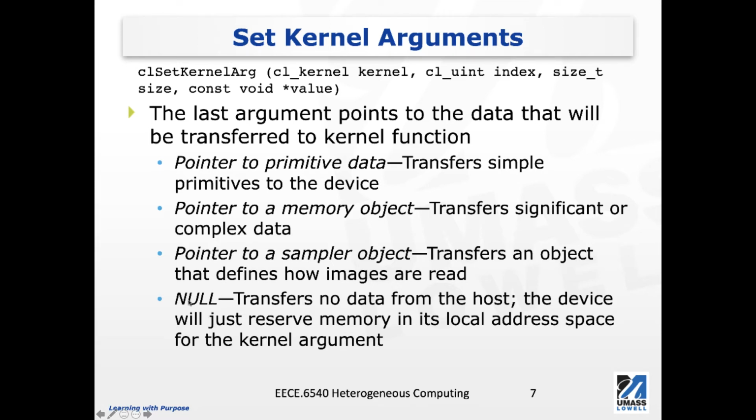Instead, we'll just put a null pointer as the last argument. In this case, we're transferring no data from the host, and the device will just use this null pointer as an indication. It will reserve memory in its local address space for the kernel argument. And that's how typically we reserve local memory space within the kernel functions.